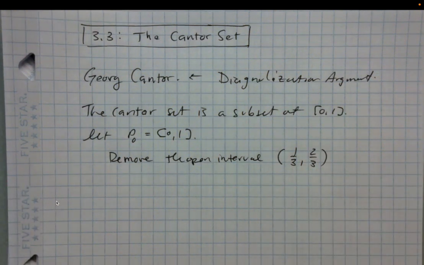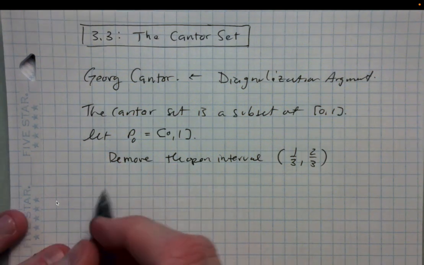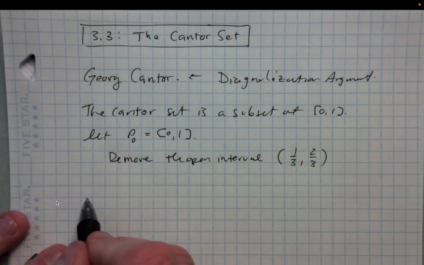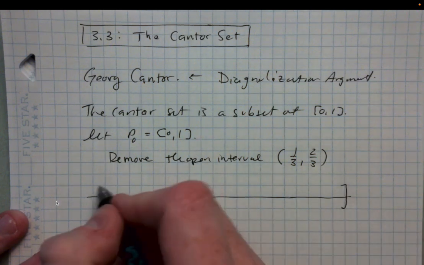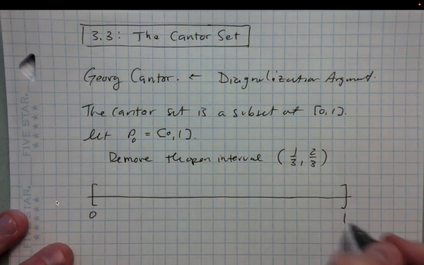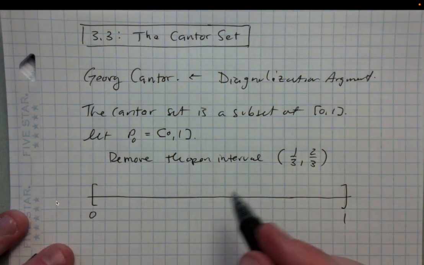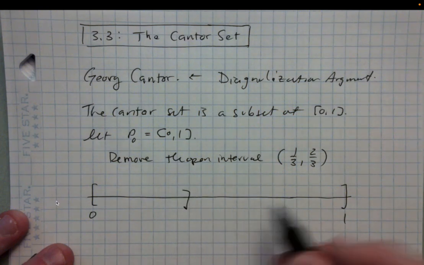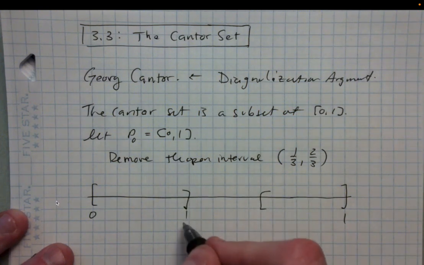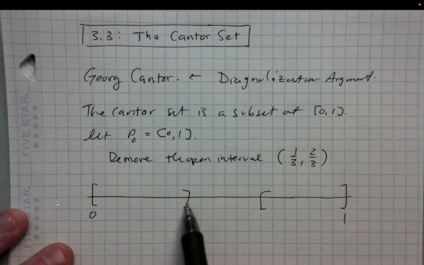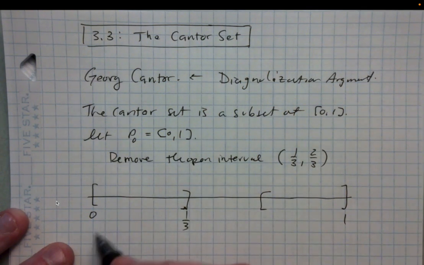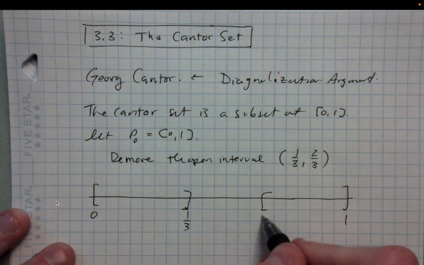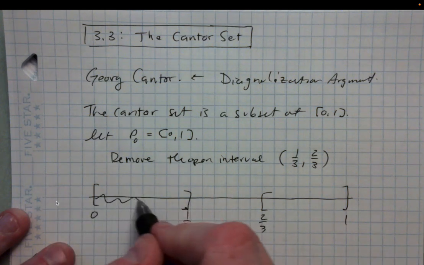Just to make sure we're very clear on this: you started with [0, 1], and you're removing the middle third, the open interval from 1/3 up to 2/3. So you're left with 0 to 1/3 and 2/3 to 1.